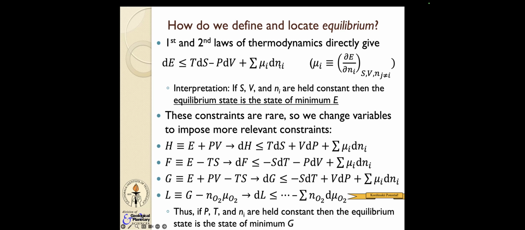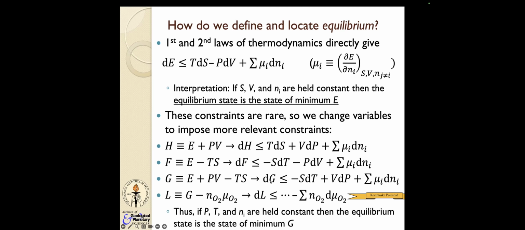And so we have a series of tricks where we change the independent variables by defining new functions, the enthalpy, the Helmholtz free energy, the Gibbs free energy, and something called the Korzhinskii potential, which are energies related to the internal energy by adding the product of one or more of the independent variables and the derivative of the function with respect to the independent variables that lead to new statements that describe the predictions of the first and second laws of thermodynamics. And the most familiar is probably this one.